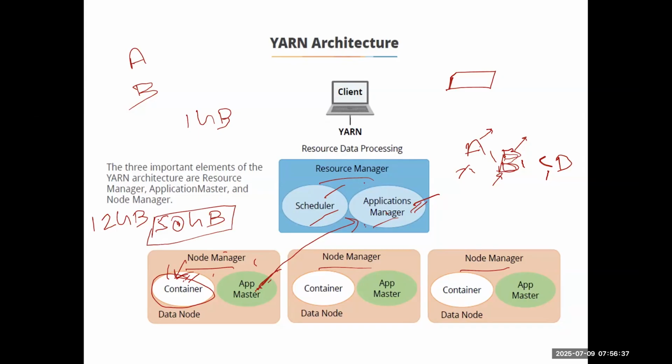So the resource manager will give you that resource, 1 GB of RAM and 2 GB of hard disk. You can think of this resource as the container. This is the container. This container will be present on the node manager, because your job will run on the node manager.